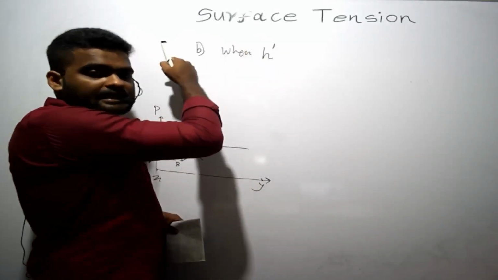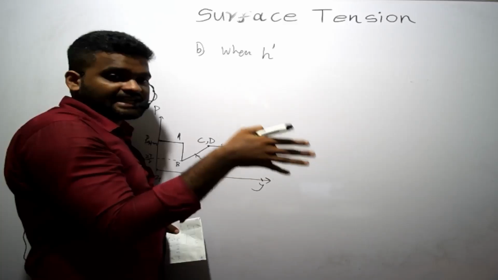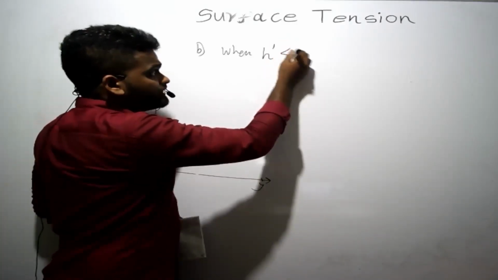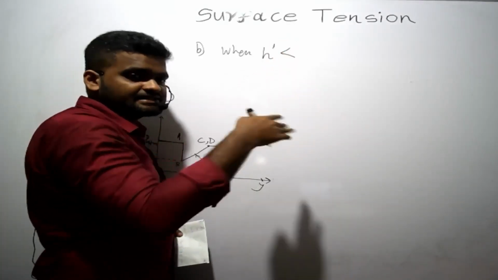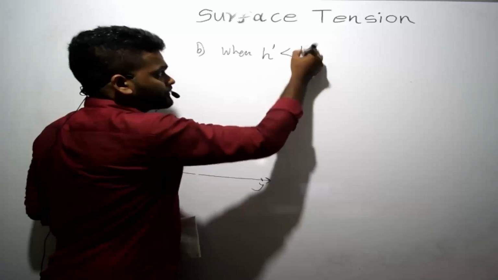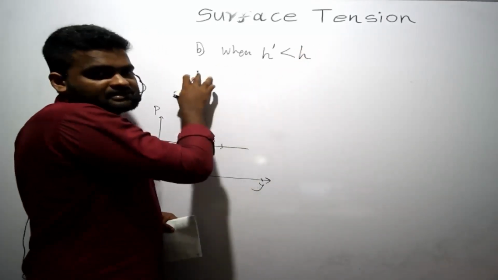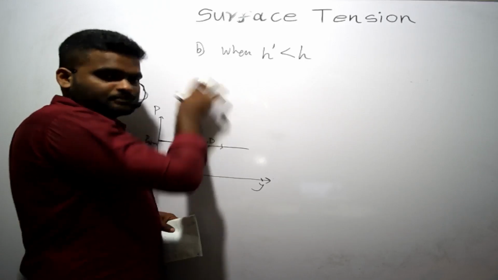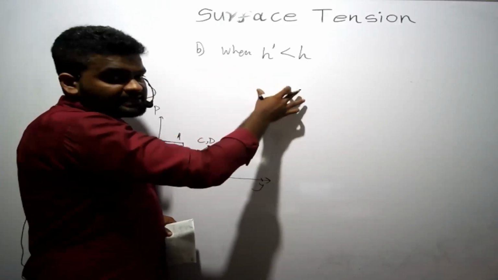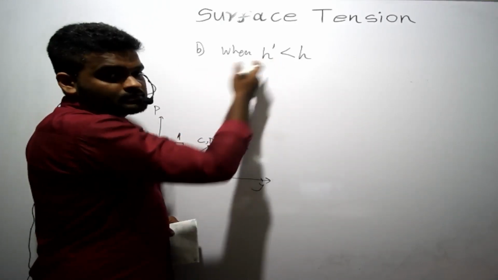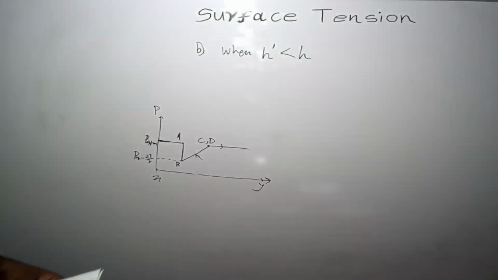For the previous case, liquid column was H. Now we fill the tube with less height than H. If previously it was 12 centimeters, now it is like 7 centimeters. So what could happen?